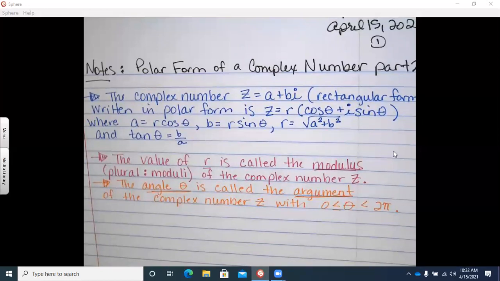All right, so now we got that down. I'm going to teach you how to write a complex number in polar form.